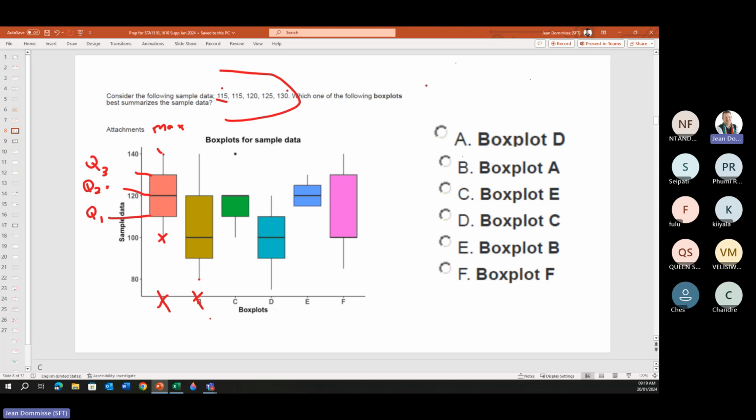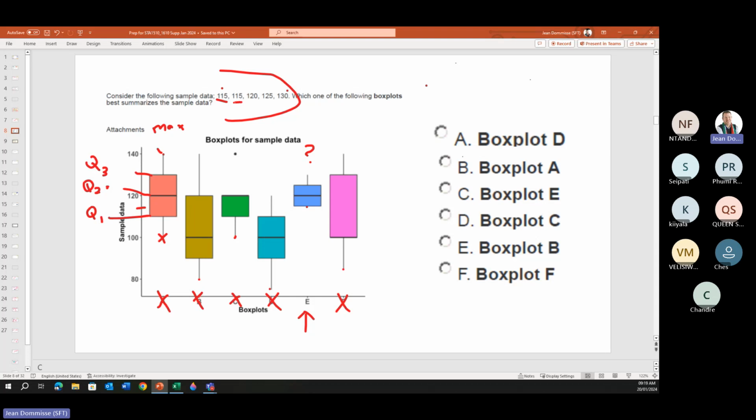Can't be box plot B. 100 can't be box plot C. 80 or even less than 80 can't be box plot D. Okay, that looks like 115, but there isn't a line. So why is that? That looks like 85 or something, so it's not that. So the only one that we have open is E, but let's look at why there's no line.